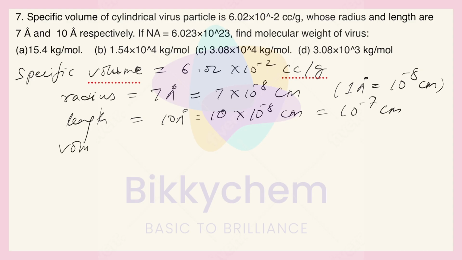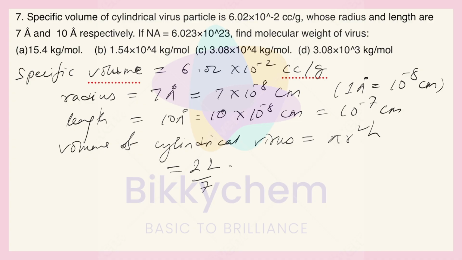So the volume of the cylindrical virus is equal to pi r squared h, because cylindrical virus means the cylinder formula, that is, pi r square h: 22/7 × 7 × 7 × 10^-8 centimeter squared × 10^-7 centimeter.